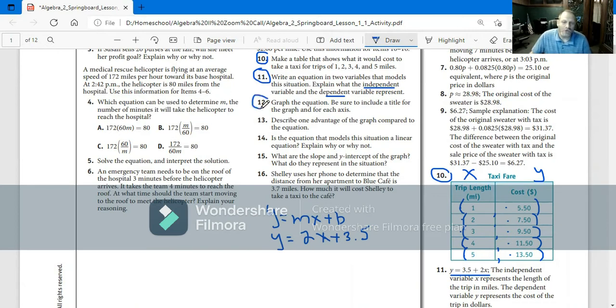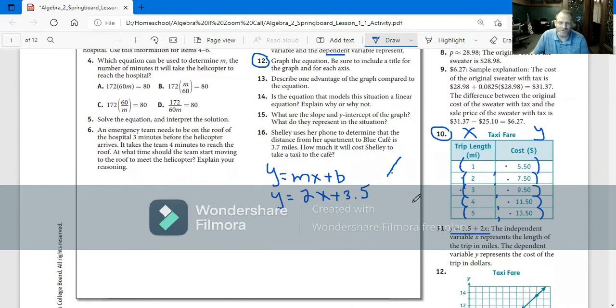Number 12. Graph the equation. Be sure to include a title for the graph and for each axis. They were going up like that in lesson 1, and then we had a line going up. Let's look at it.